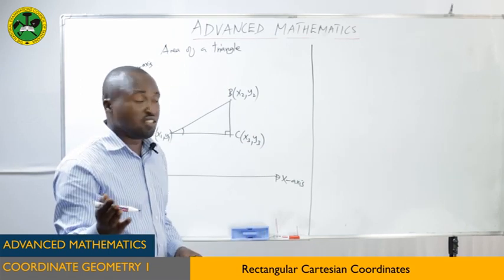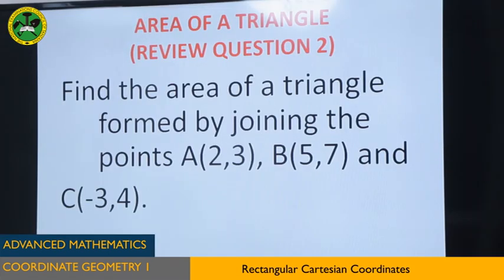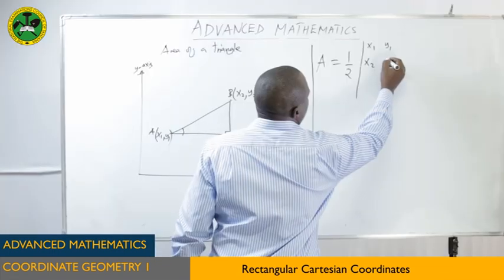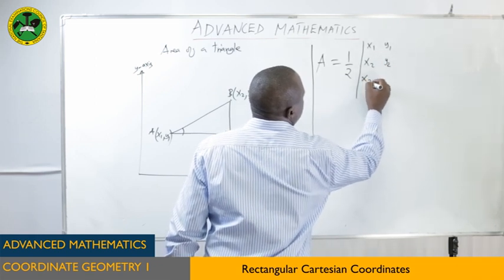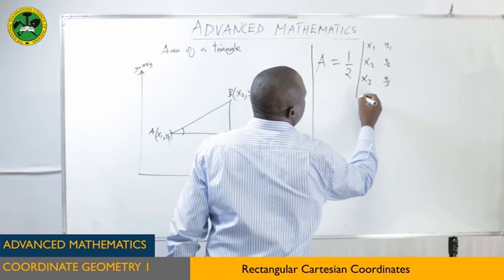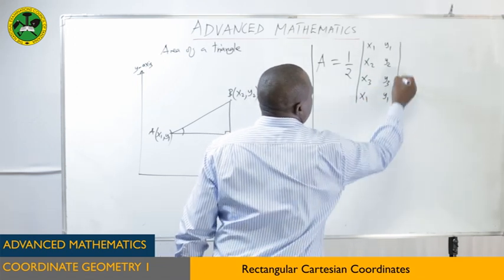So remember, we have the general formula, that is area is equal to a half determinant of x1, y1, x2, y2, x3, y3, then we repeat x1, y1.